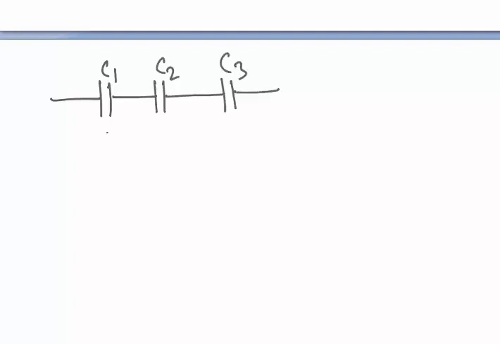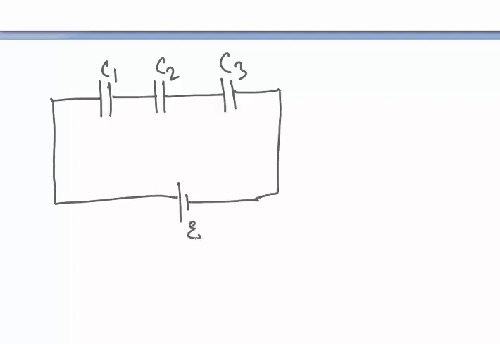Now we will understand a few more concepts of the series grouping. Suppose this is the first capacitor, this is the second capacitor, this is the third capacitor, and a battery with EMF of E is placed.